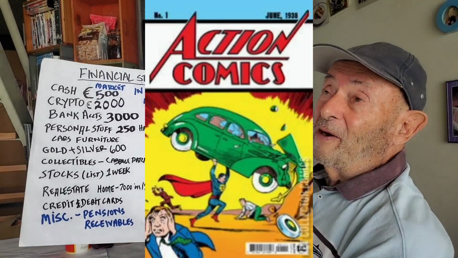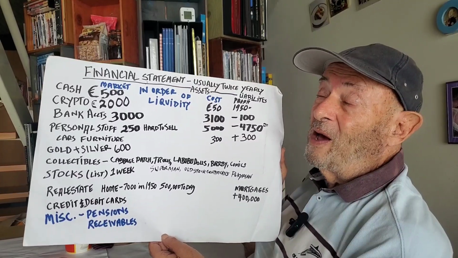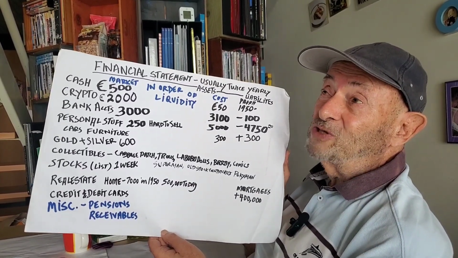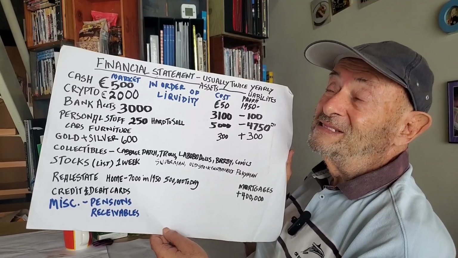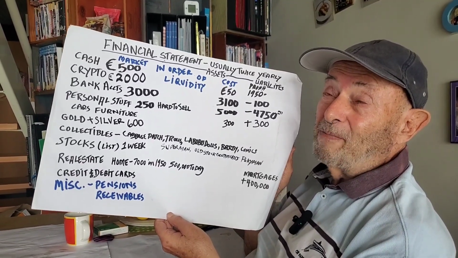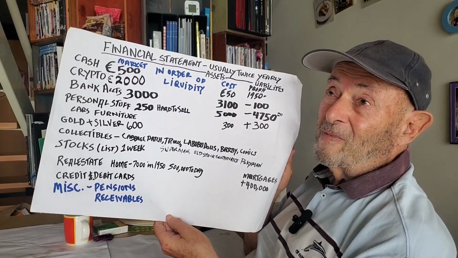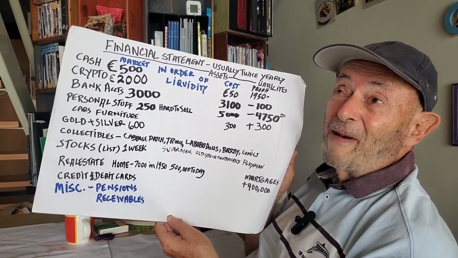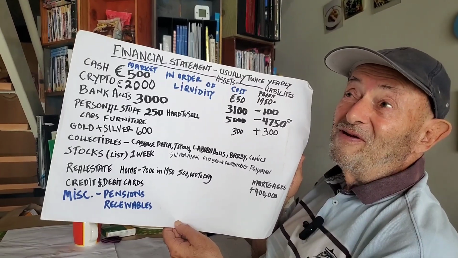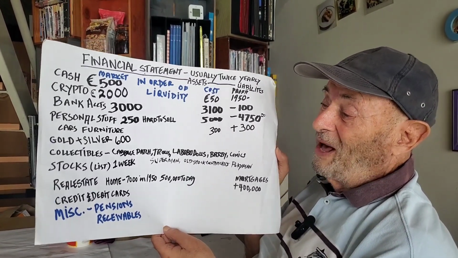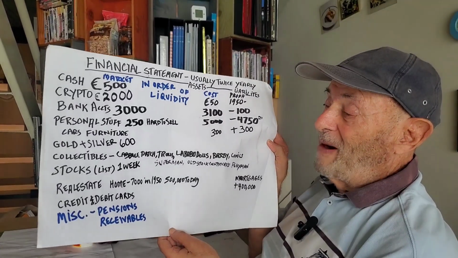But my original Superman was in the custody of one of my ex-wives, who put it in storage, then forgot about it. And one of these guys you see on TV who buys up old abandoned storage units, he got that comic book, and he probably didn't even know what it was. Pile of old comic books, he probably burned it. Well, anyway, that's enough about collectibles.